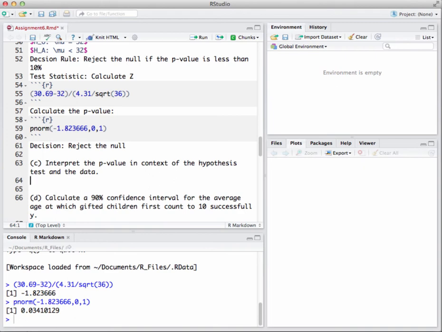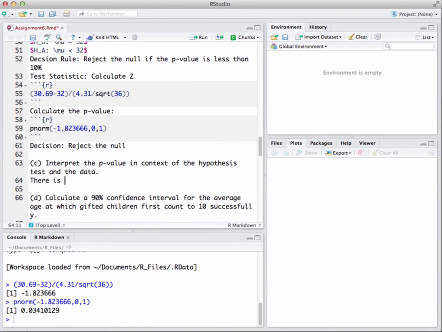We'd say that the data were statistically significant, and that we see significant evidence to infer that these children are counting to 10 at an earlier age.